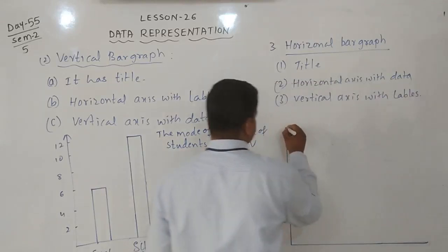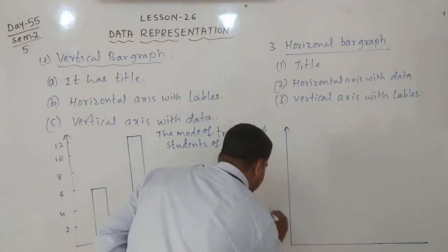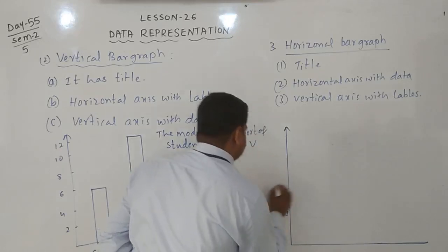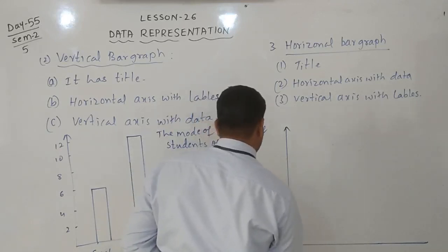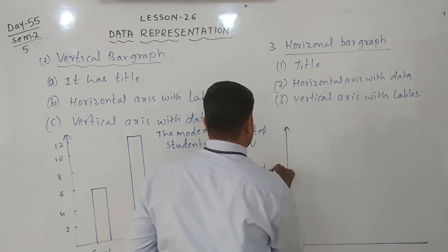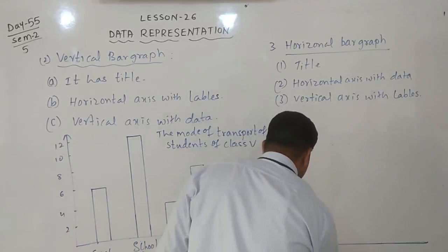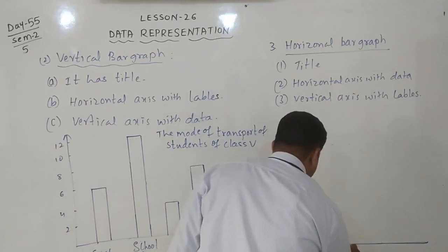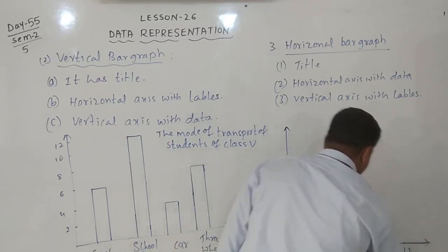The labels: first cycle, school bus, car, 3-wheeler. And here the data is 2, 4, 6, 8, 10, 12.